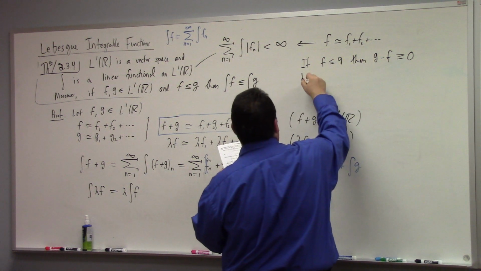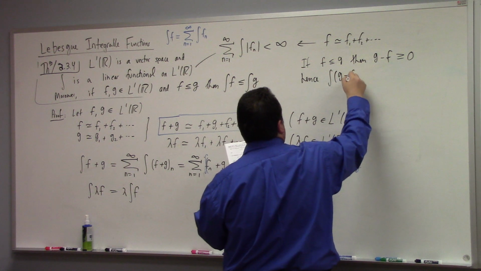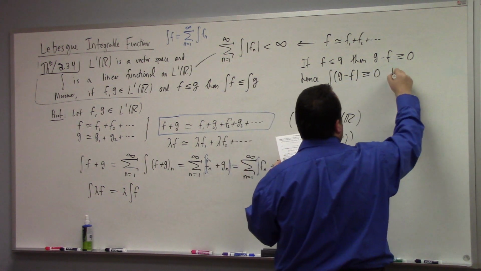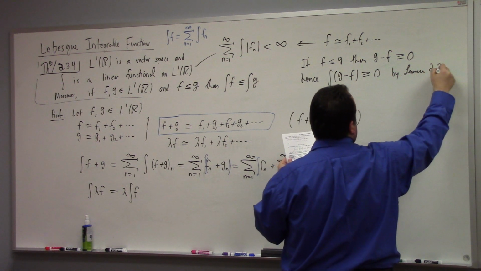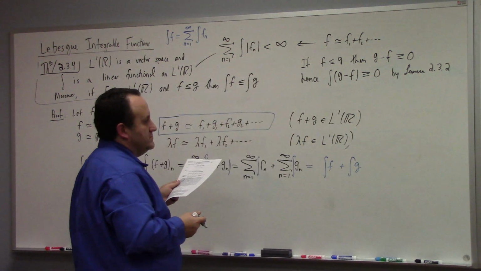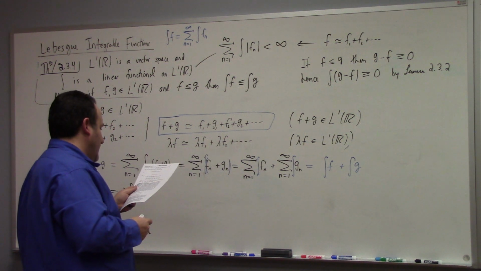Hence, the integral of g minus f is greater than or equal to 0 by lemma 2.32, which I think we did at the start of class, right? I think it's the one I erased here.